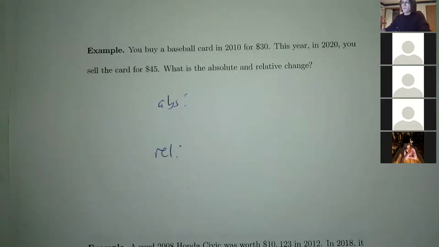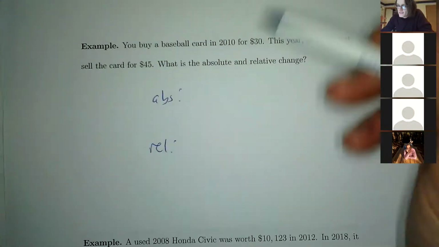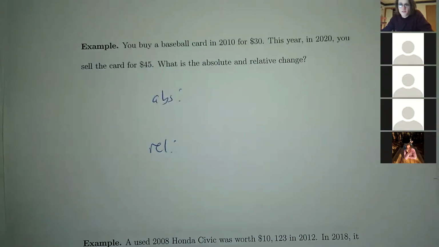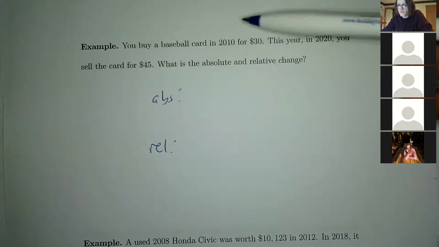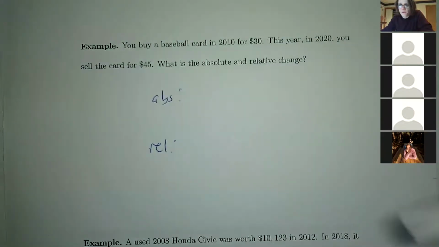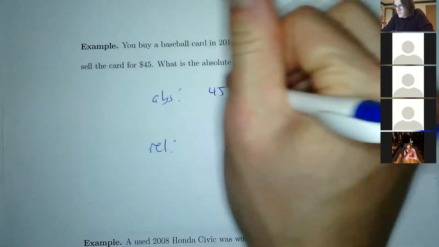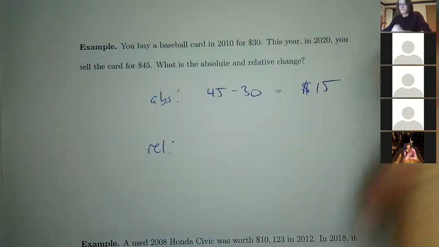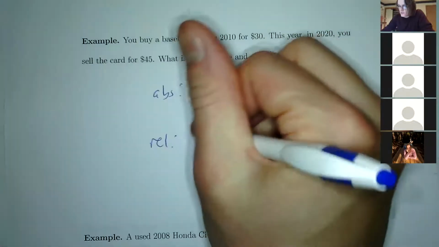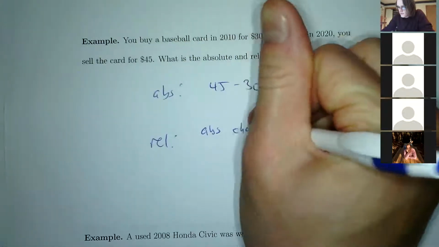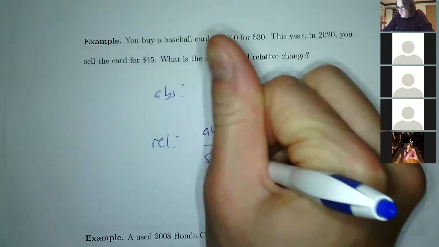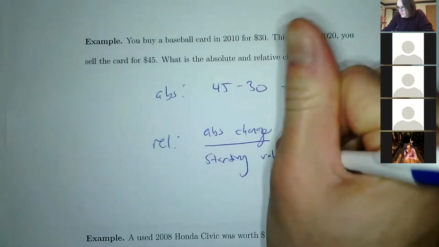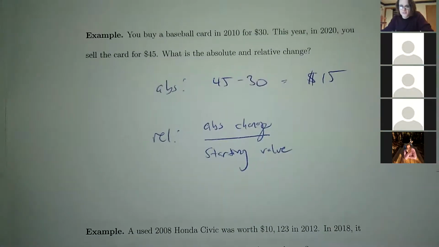All right, so anyway, what is the absolute change for this one? It was 30 and it went up to $45. 15, right? So you just do 45 minus 30, so that's 15. And the relative change is just the absolute change over the starting value, or starting quantity, doesn't really matter.